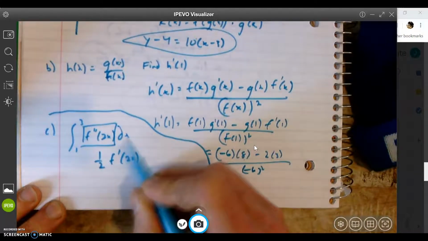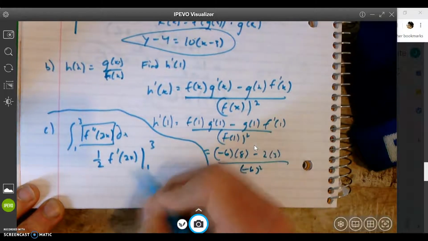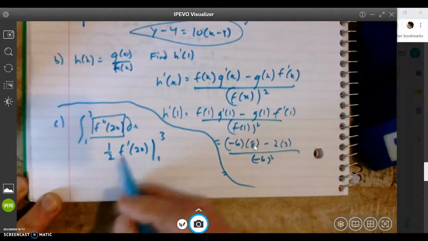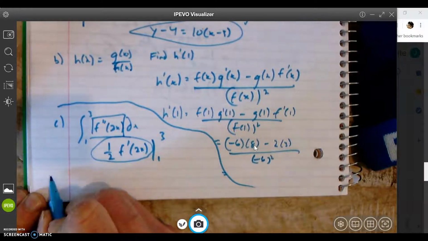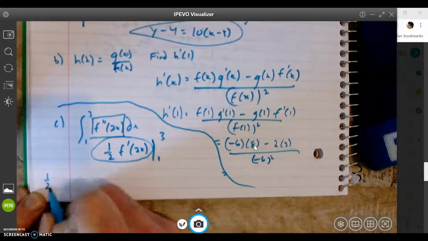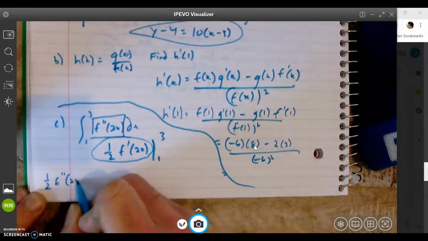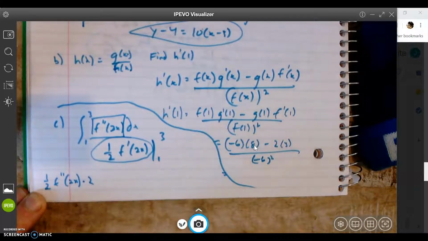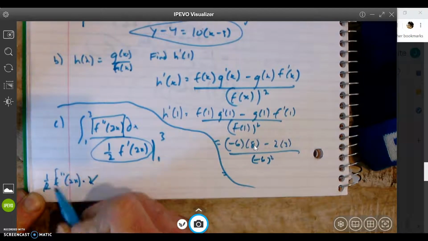Why is that the antiderivative? And I'm going to plug in 1 and 3. How do you get that, Mr. Irish? Well, I always check by doing the chain rule off to the side. Derivative of the outside, keep the inside, times derivative of the inside. And then a half times 2 is 1, and you just get this back.